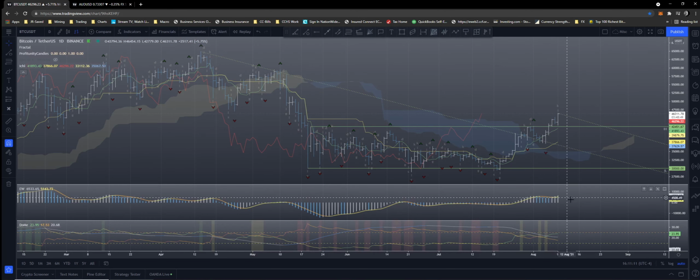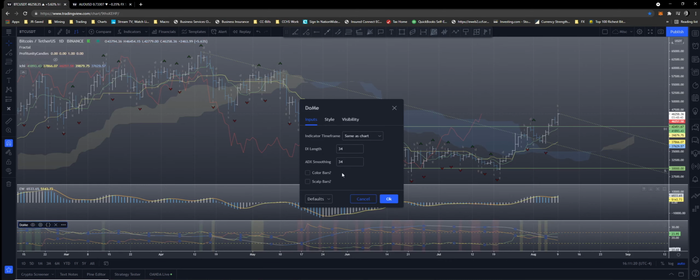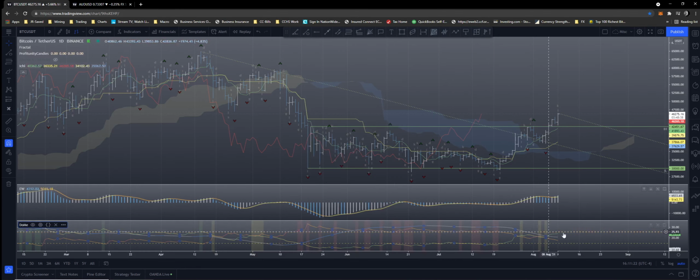DMI. Favorite indicator, period. Love it. I set it to 34. I do some games with various things, but we'll do a video later for that. Long story short, on my screen, the red and orange line, DI negative, that is your bearish power line, your tug of war indicator.